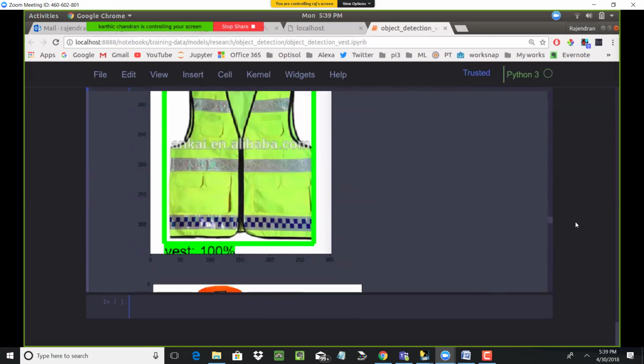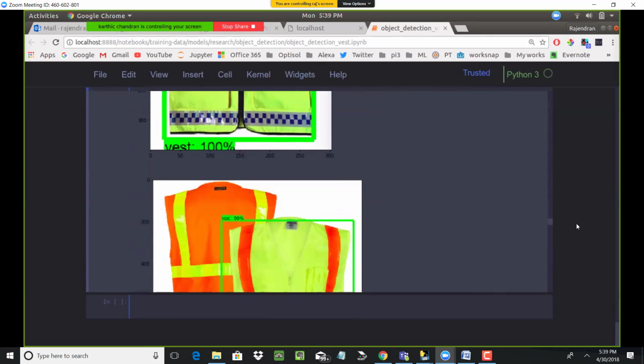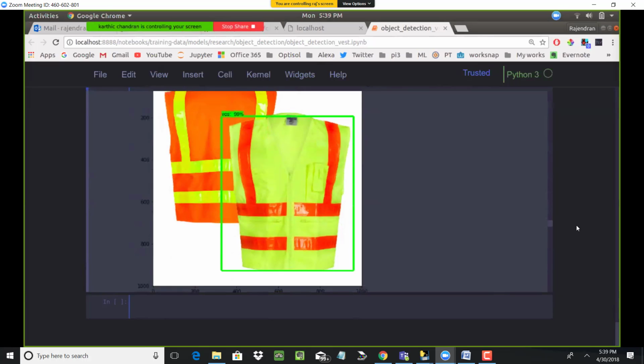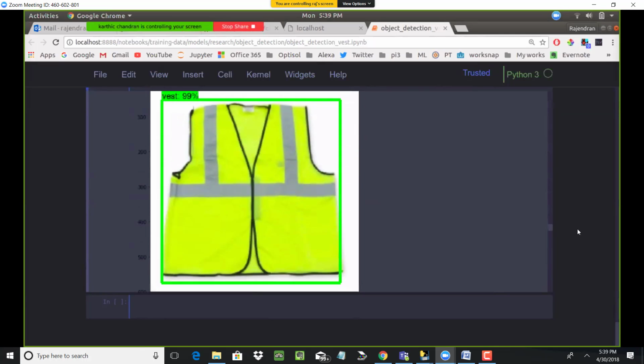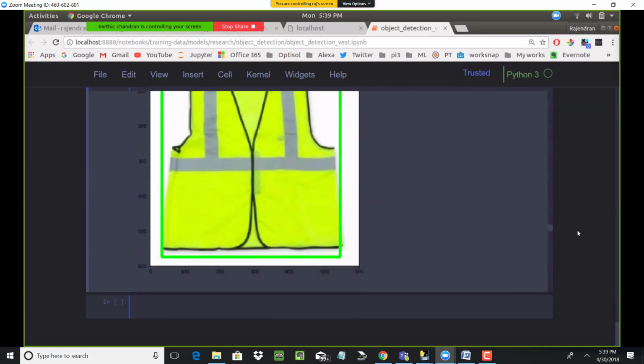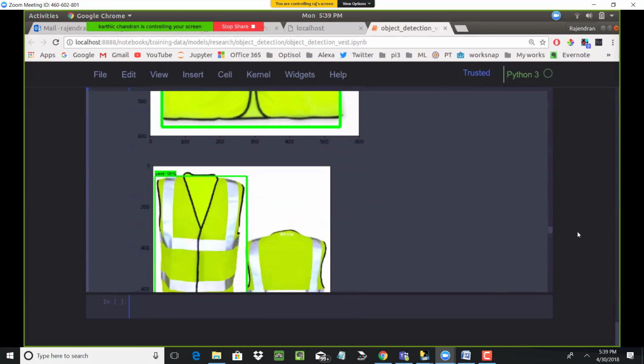Basically, it does well on the training data and doesn't do well on some validation data, whatever the data could be. It's a classic definition of an overfitting issue, right?